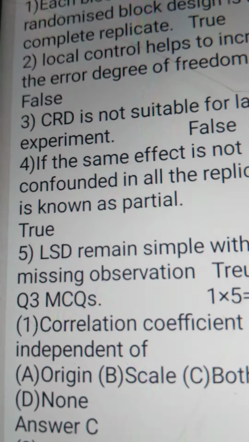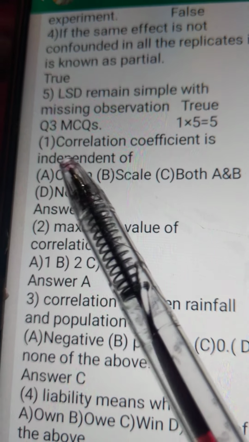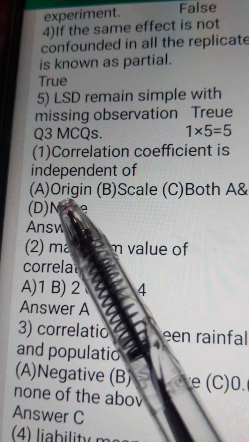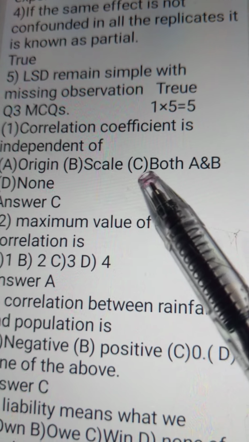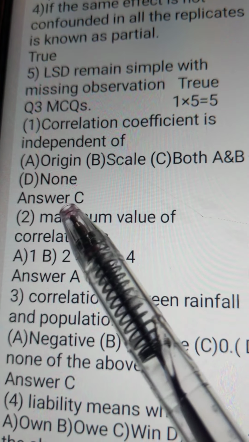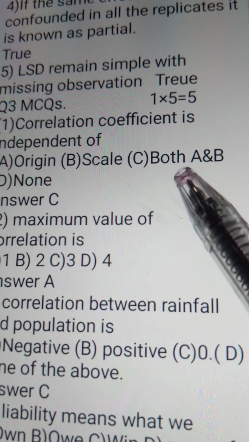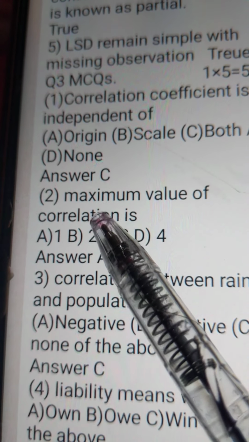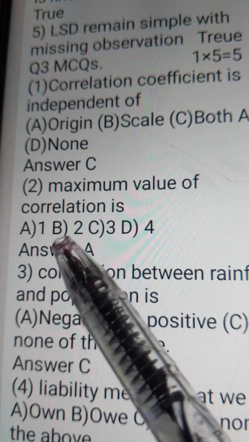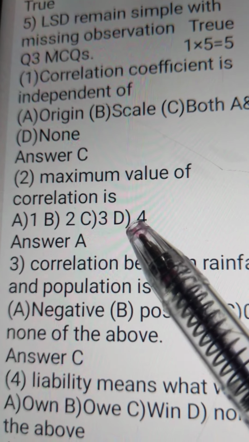Next question is about MCQs, 1 into 5 is equal to 5 marks total. First, the correlation coefficient is independent of A, origin; B, scale; C, both A and B; D, none of them. Answer is C, both A and B. Next, the maximum value of correlation is A 1, B 2, C 3, D 4.